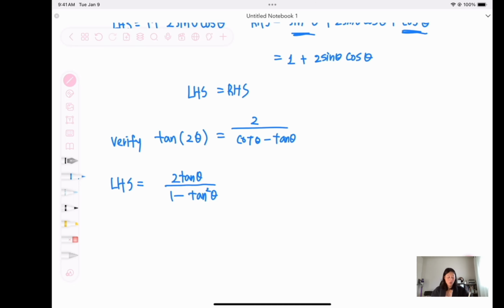If you don't know what to do, just look at the right-hand side. See if there's anything that you can do. Well, maybe I can write cotangent as tangent, so they all have one function instead of dealing with tangent and cotangent. Now we can find some pattern here.